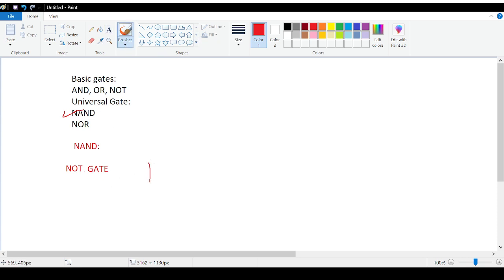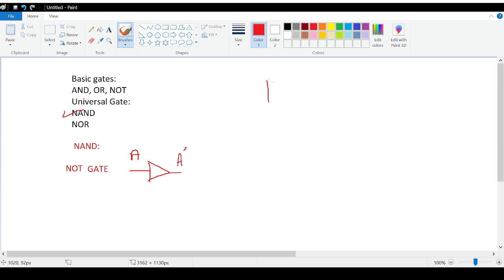One input and it has one output, right? So if I put A here, the output will be A bar. This is how NOT gates work.